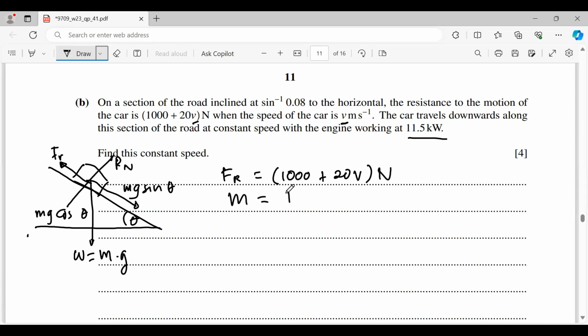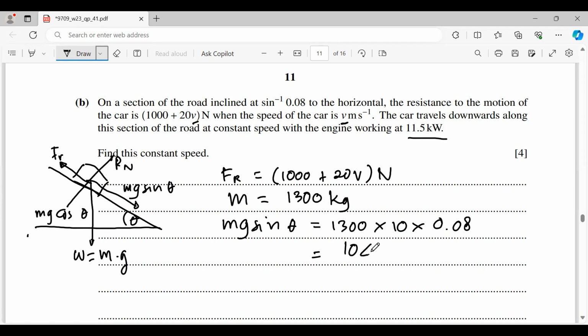Mass equals 1300 kg, and mg sine theta equals 1300 kg times 10 times 0.08, which is 1040.